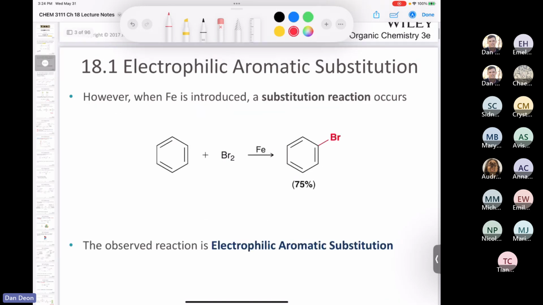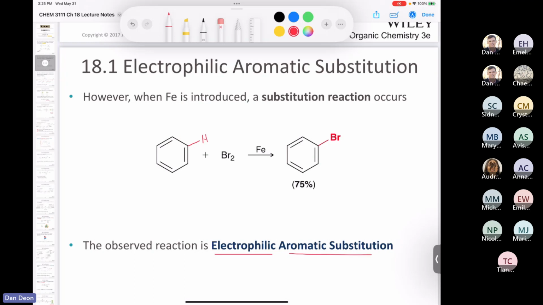So check this out. If you take an aromatic ring like benzene and put it in the presence of bromine and you put iron in the reaction, all of a sudden it works. You brominate the aromatic ring. We call this a substitution because you're substituting this hydrogen for a bromine. We call it electrophilic because the bromine is part of the electrophile.